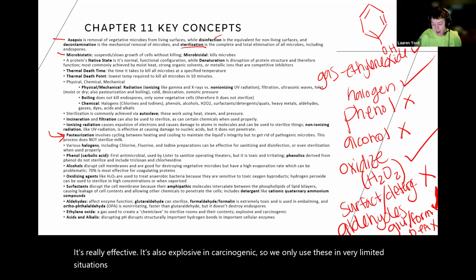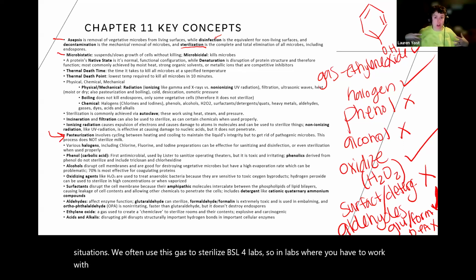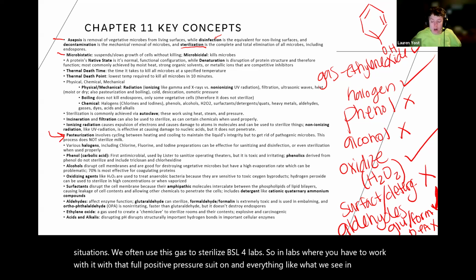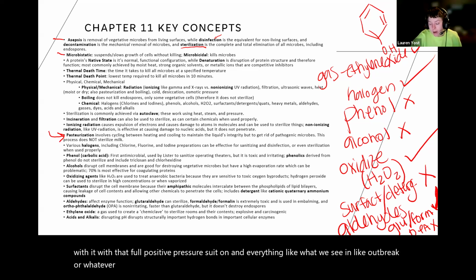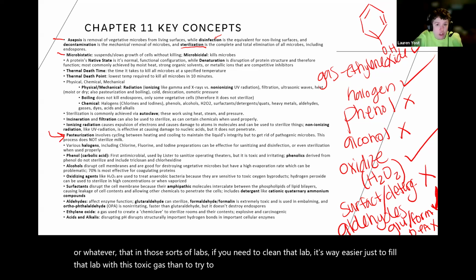We often use this gas to sterilize BSL-4 labs. So in labs where you have to work with that full positive pressure suit on and everything like that, like what we see in like Outbreak or whatever, in those sorts of labs, if you need to clean that lab, it's way easier just to fill that lab with this toxic gas than to try to clean in all the nooks and crannies.